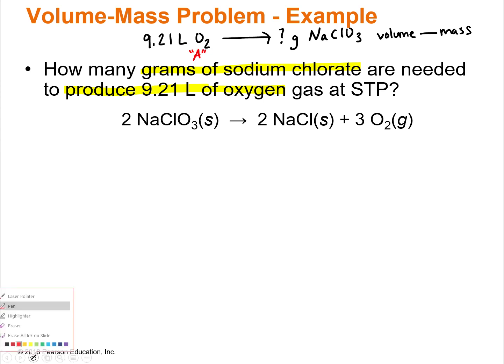Oxygen gas is going to be our A, and the sodium chlorate is B. Here's our generic plan. I'm going to stick with the same color scheme. Since liters last time was purple, that's what I'm going to stick with here.